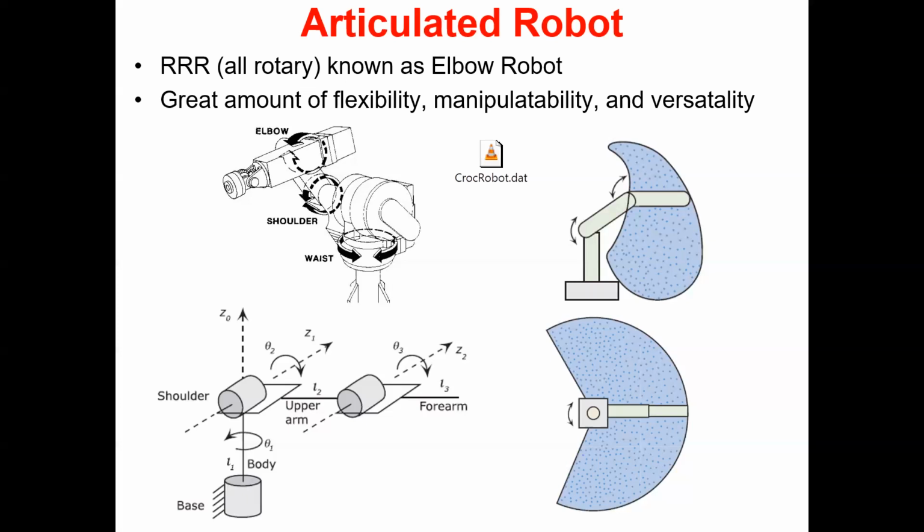Anything else that you have seen as a very significant feature of articulated manipulators? If you think of the space that it can access versus the size of the robot, you can get to that point.